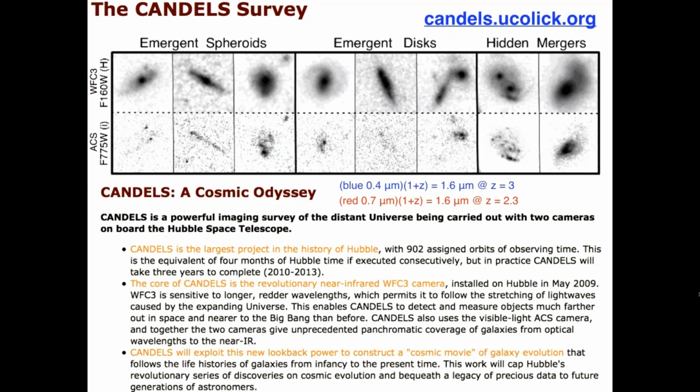On this slide, you see in the bottom set of panels, labeled ACS, the pictures that we had of galaxies at redshifts of about 2 or 2.5.